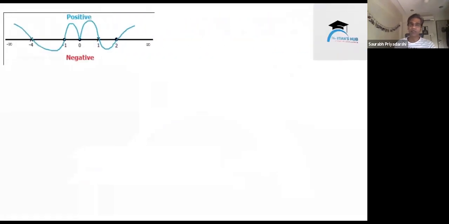In the Wavy Curve Method, the graph will be positive or negative. In this, the graph is coming on the positive part and this graph is coming on the negative part. So where this will be positive or negative, that we have to decide, and accordingly we have to answer the question.